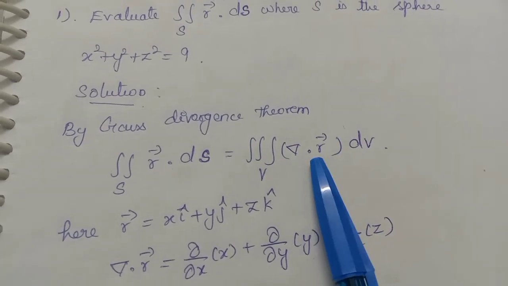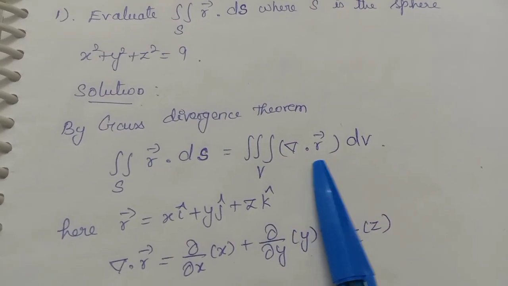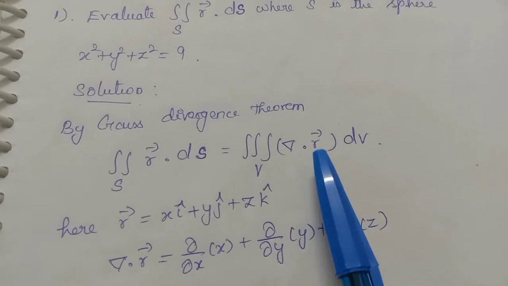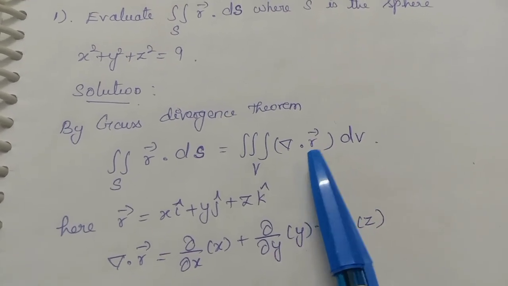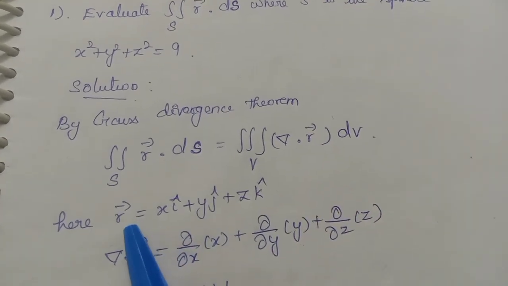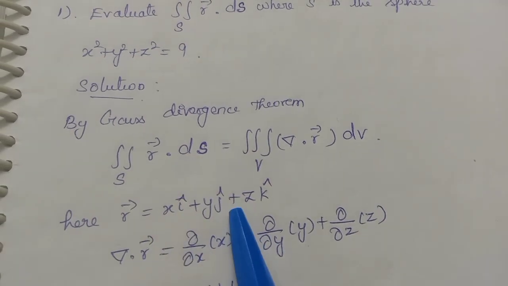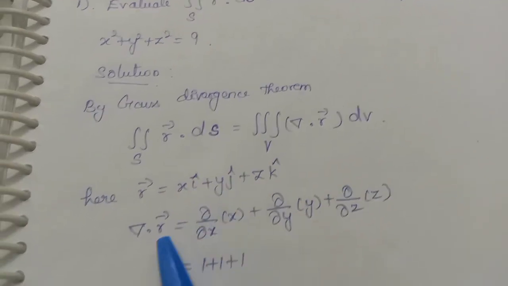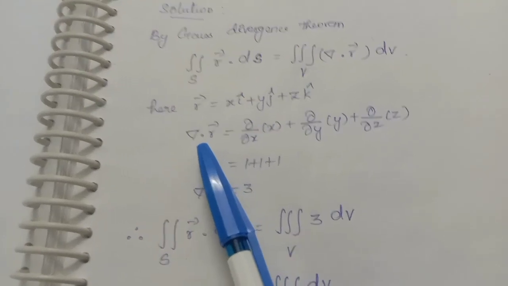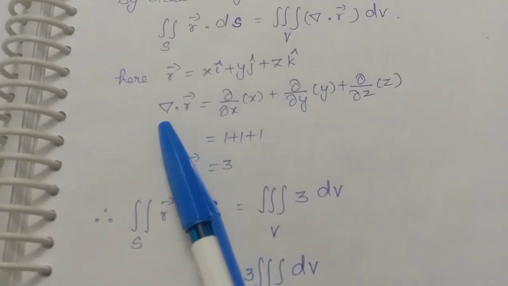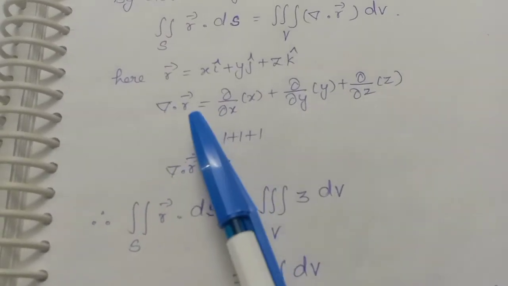For that we have to find del dot r. In a previous video I told you that r denotes the position vector xi plus yj plus zk. So what is del dot r? Del dot r is nothing but the divergence.